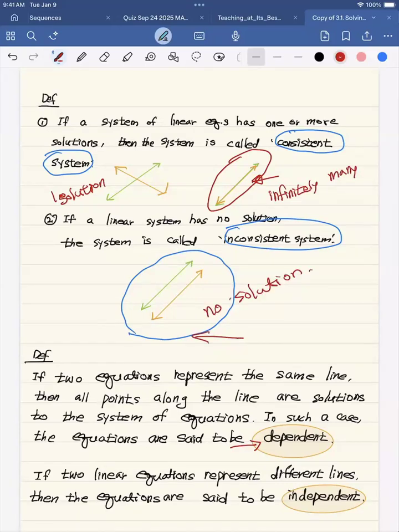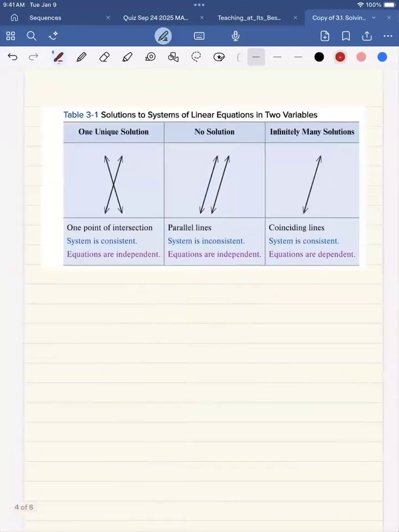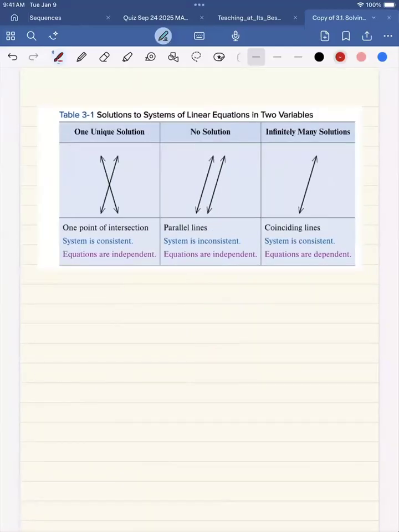When the given equations create parallel lines when we draw them, the equations are said to be inconsistent because there is no common point. This is the summary of what I explained.